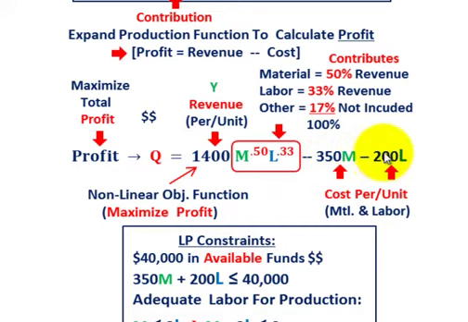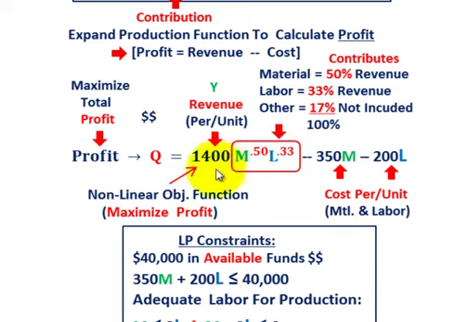And then we also have labor, and our labor to manufacture this product that we're selling for $1,400 is going to be $200. So those 350 times whatever unit materials we're looking at, less our 200 times whatever labor amount we're looking at, we're going to subtract those from our multiplicative production function.